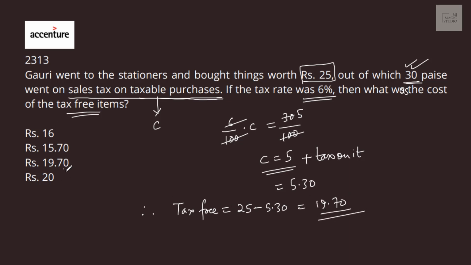And yes, that is in option C. Don't make an error and mark option D, which is 20, because on the taxable purchase cost of rupees 5, we need to pay 30 paise more tax on it, isn't it? So the answer is 19.70, option C.